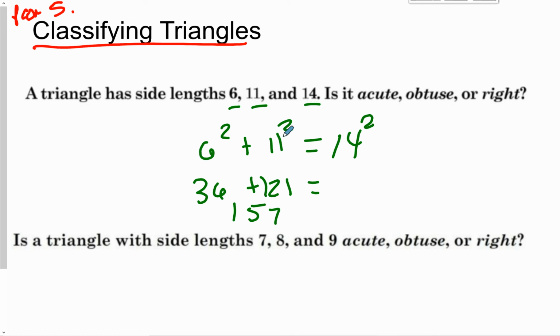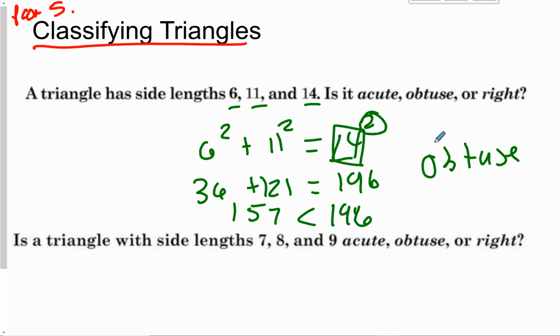And we see what 14 squared is, which is 196. And so 196 is actually bigger than 157. Because the bigger side squared is bigger, it is obtuse. So it's all about that bigger side.